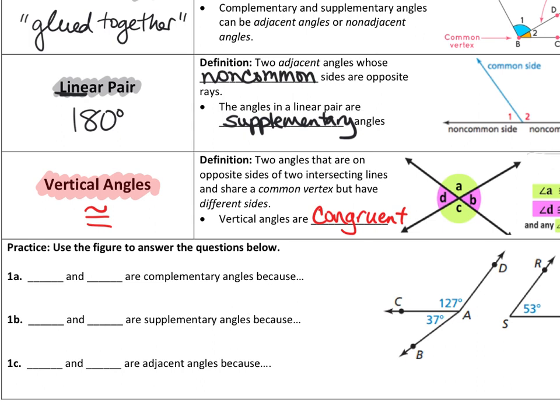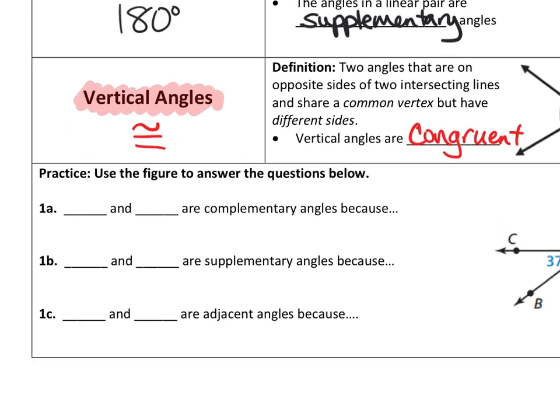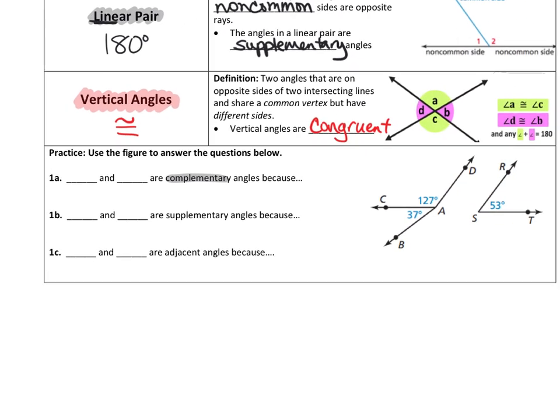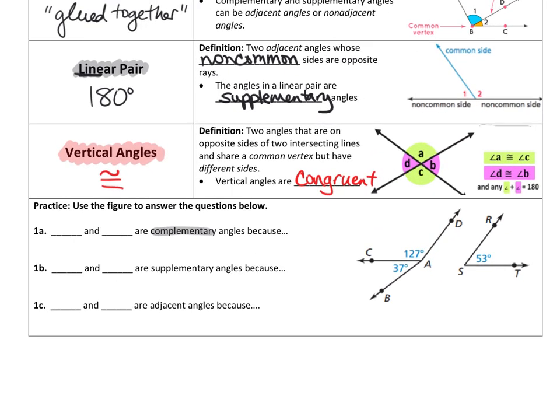Okay, let's see if we can answer some questions using this vocabulary. The first thing we want to do is figure out which 2 angles are complementary. What does complementary mean again? They sum to 90. So if we look at our image here, which 2 angles would I be able to add together to make 90 degrees? The 53 and 37. But remember, we're going to name them specifically by their letters. So let's practice naming again. What would the blue angle be called? Angle RST.